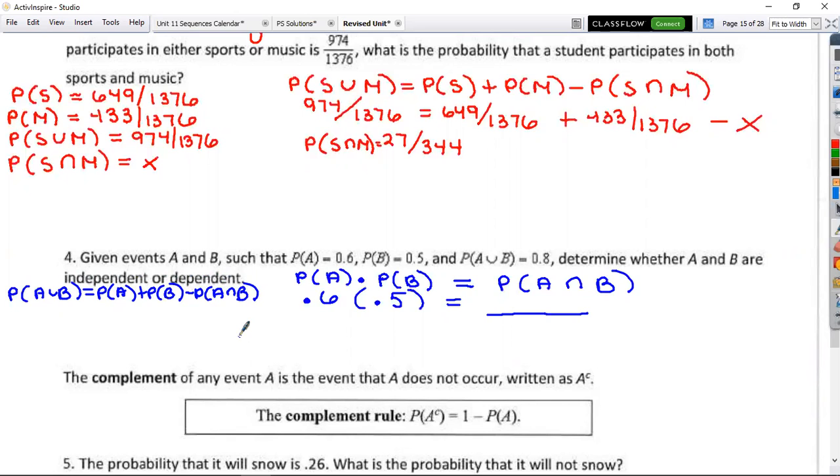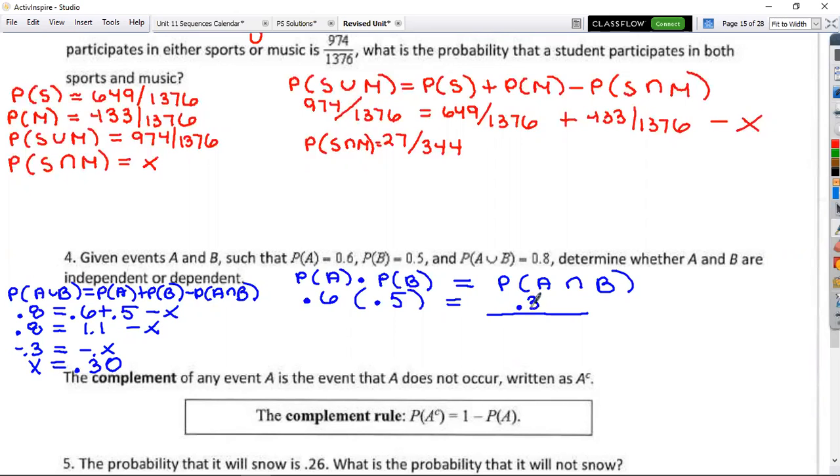So I have 0.8 equal to 0.6 plus 0.5 minus x. So this is 1.1 minus x. Subtract that over, negative 0.3 equals negative x. Therefore, x equals 0.3. And that goes here.